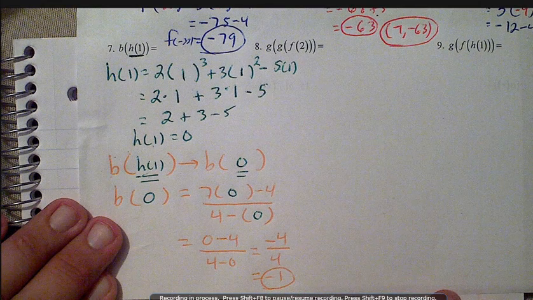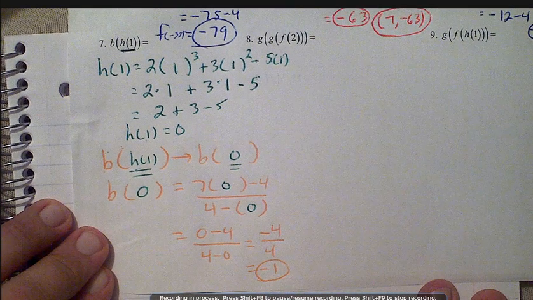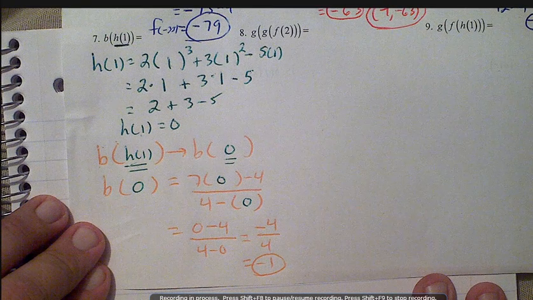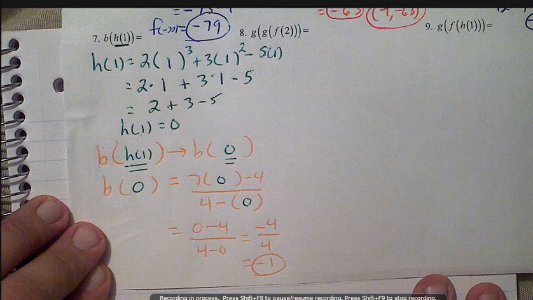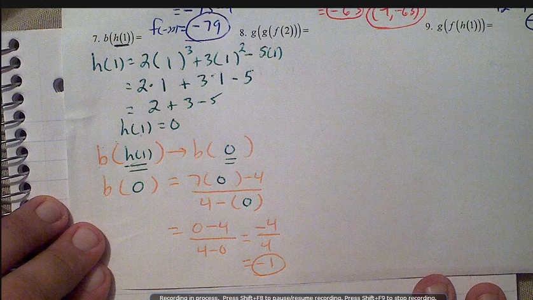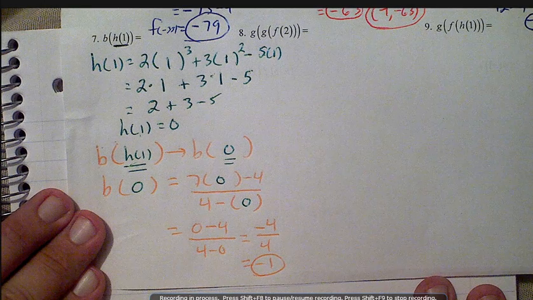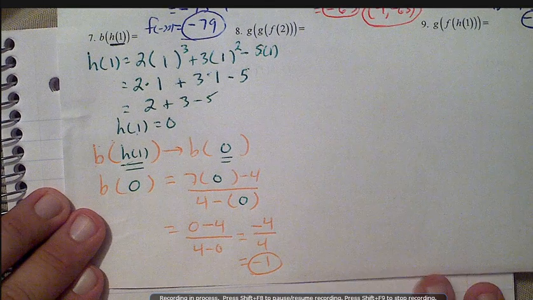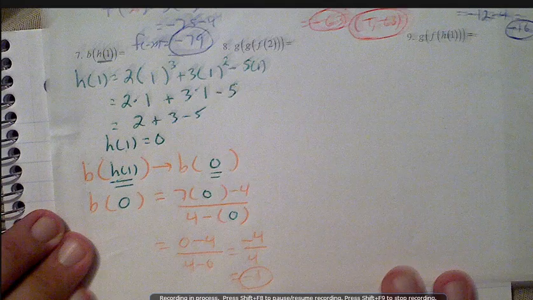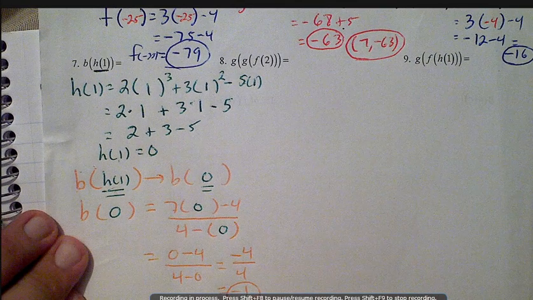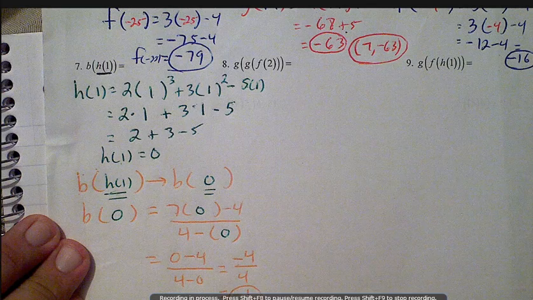Okay, the next two problems have a composition of 3 functions. But again, it looks harder and more intimidating, but it's really the same exact thing, except you have one more step to do. So number 8 is pronounced g of f of 2. So again, you start with your innermost function.